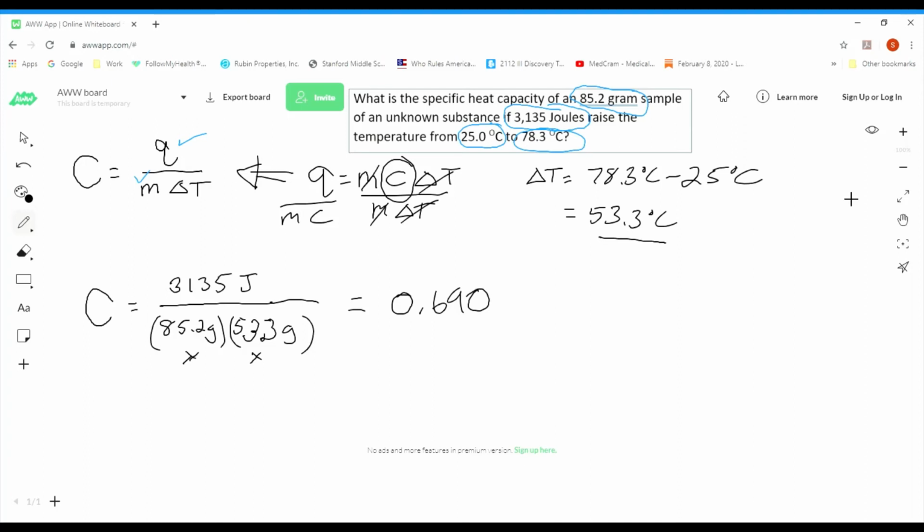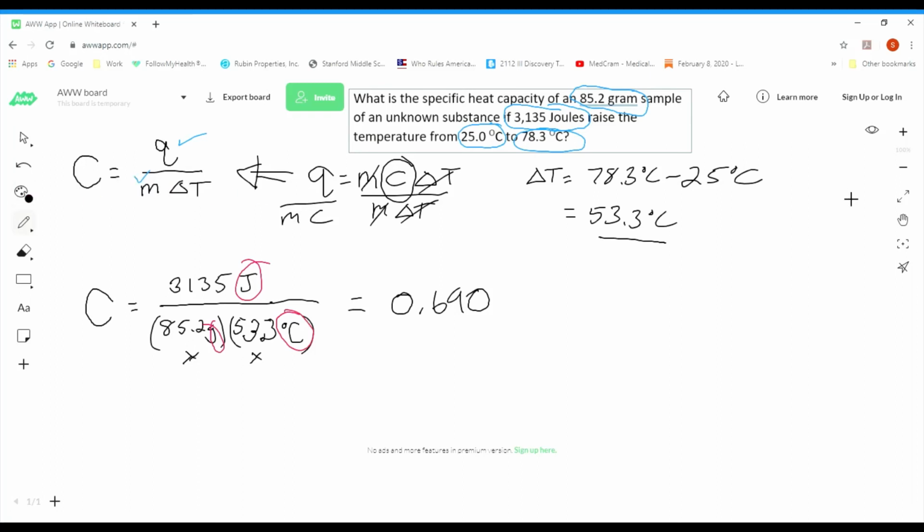And remember, we need units. I messed up here, so let me fix that. The units for delta T should be degrees Celsius. Looking at the units: I have joules on top, they don't cancel with anything. I have grams, they don't cancel with anything. I have degrees Celsius, they don't cancel with anything.